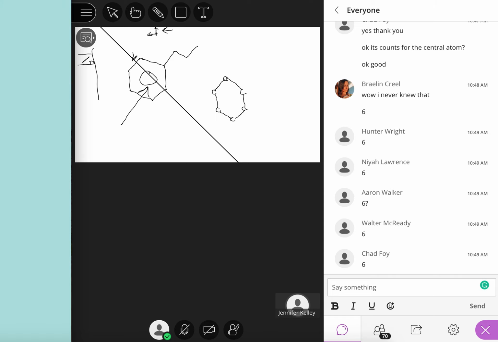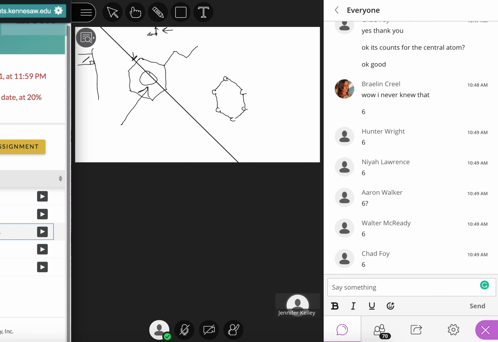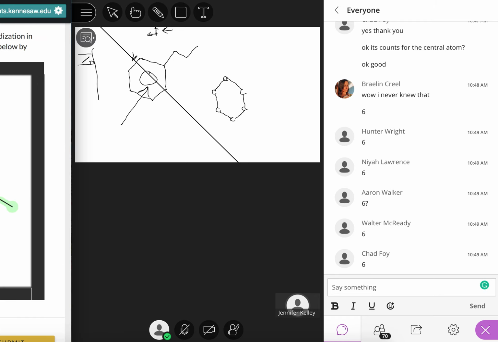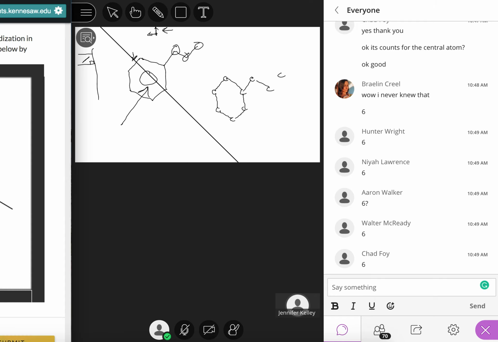Aromatic means it alternates single bond, double bond, single bond, double bond. So we're going to finish out the rest of the structure first so we don't put the double bonds in the wrong place accidentally. All right, so the rest of the structure has a point here, here, and here. So we're going to add 3 more carbons, carbon, carbon, carbon, and then connect them.